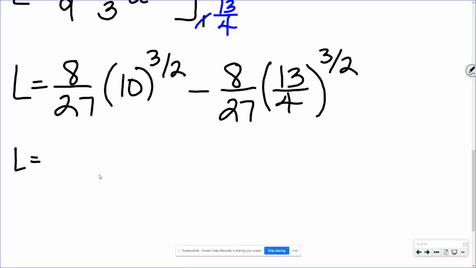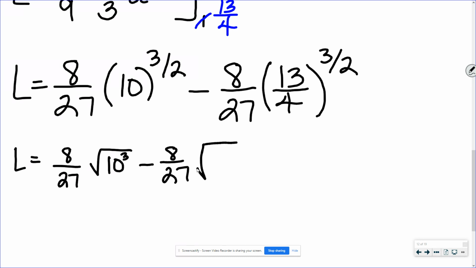So let's see. This may be helpful to stop and rewrite that, like 10 to the 3/2 is the same as the square root of 10 to the 3rd power. So I think I'm going to write both of those that way. Okay, simplify, keep going. 10, let's see.